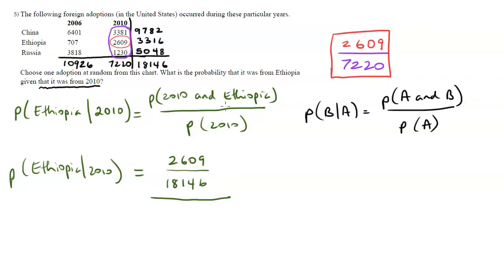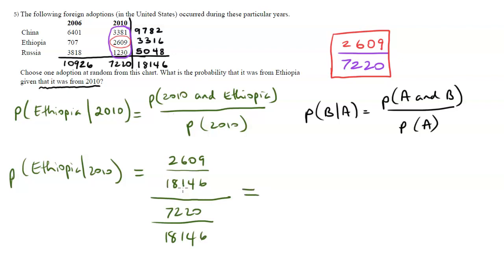The probability that you picked some random adoption from 2010 and Ethiopia, there's 2,609 of them out of the grand total, 18,146. And the probability this adoption came in 2010, there's 7,220 of those out of the big total, 18,146.